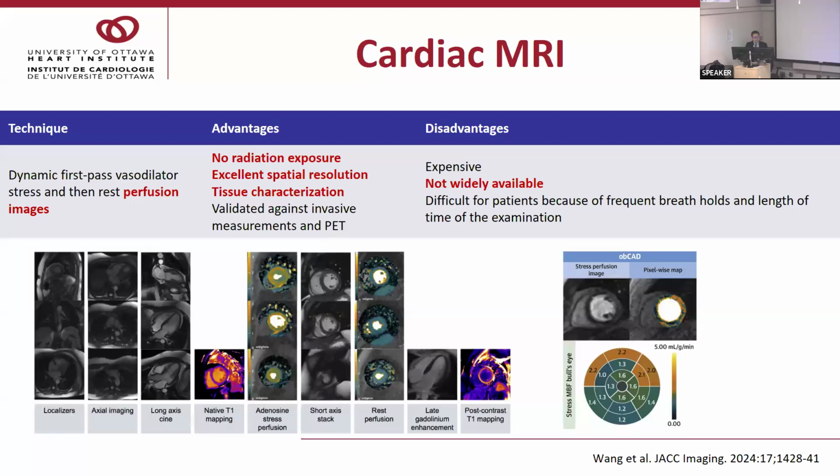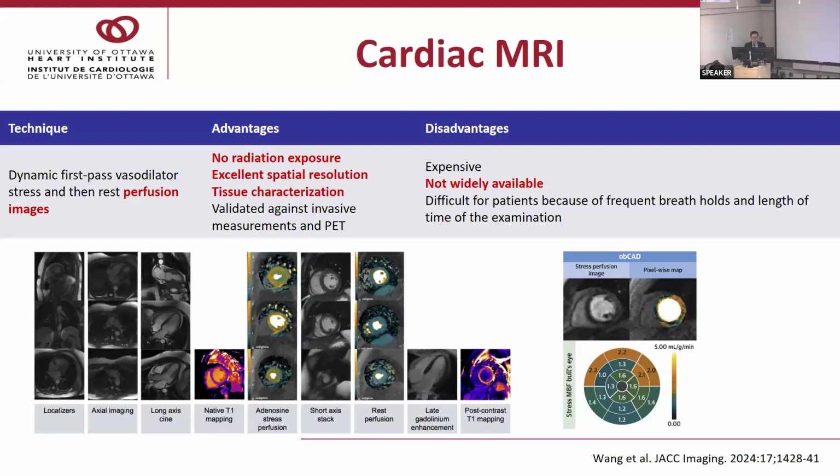So now, cardiac MRI. MRI can also measure coronary flow. No radiation is required, and spatial resolution is excellent. Most importantly, MRI provides a comprehensive assessment of cardiac anatomy, morphology, function, and myocardial perfusion as well. In particular, T1 mapping and LGE sequence are very helpful in tissue characterization.